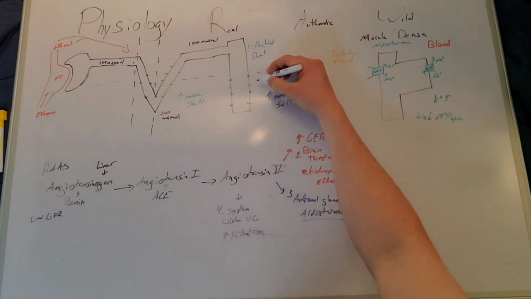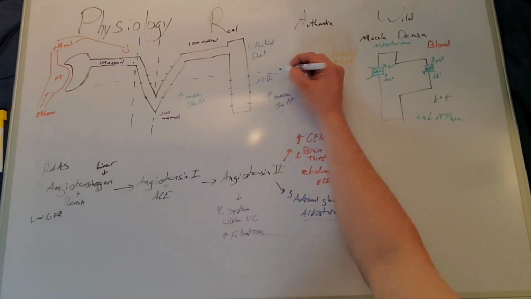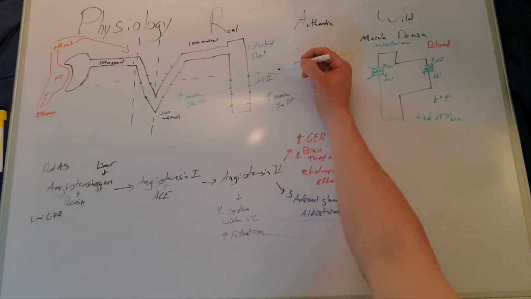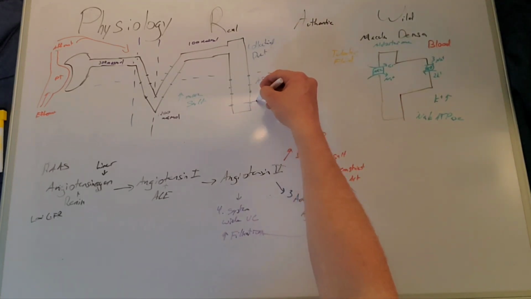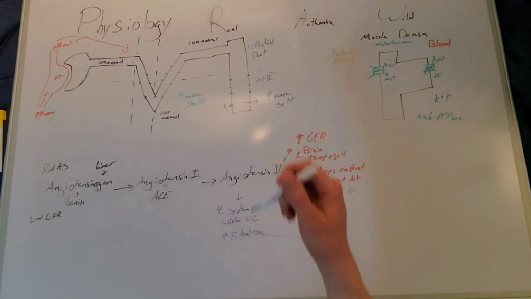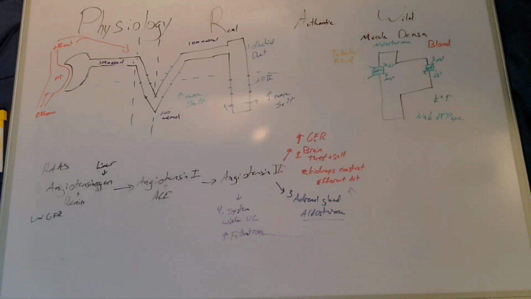This is aquaporin 2, I'll just call it AP2 channels, which, because we made it more salty out here, the water will follow and help us retain more water. Insertion of aquaporin.